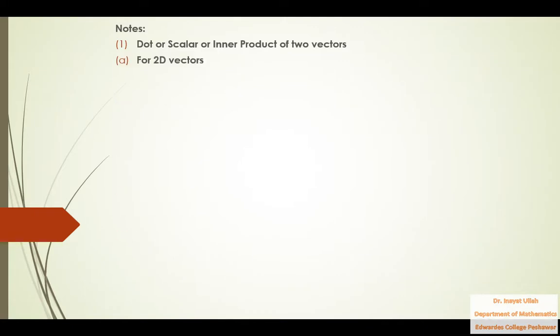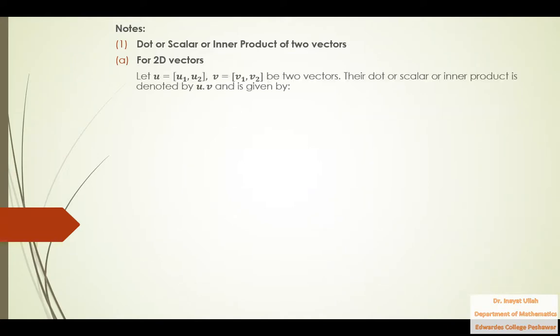First of all, we will discuss this topic for 2D vectors. 2D vectors mean vectors in a two-dimensional plane. If you draw a vector on the whiteboard, that is a 2D vector. For example, let's say u is a vector whose components are u1 and u2.